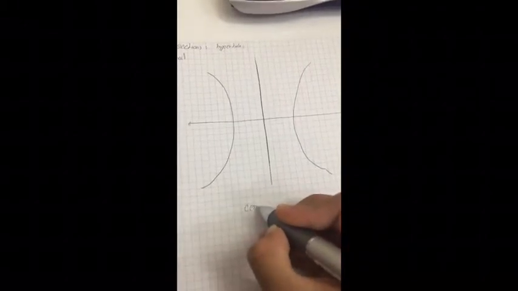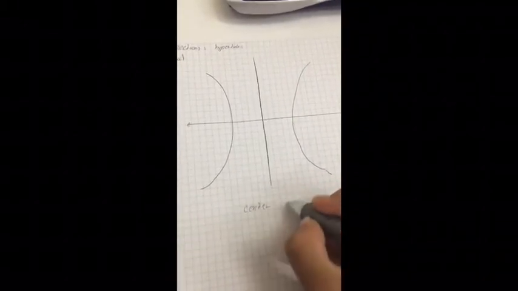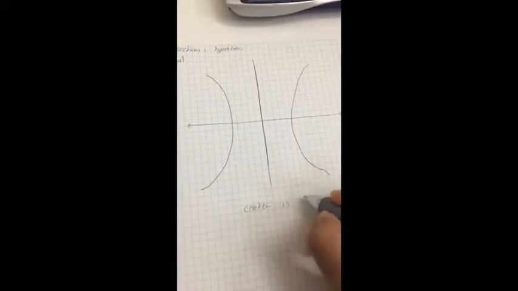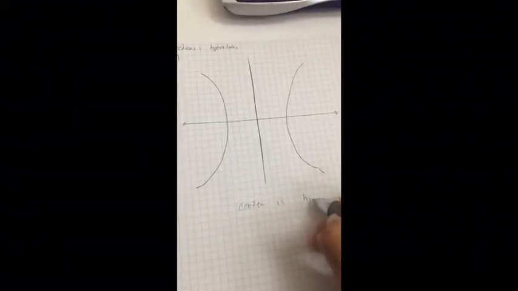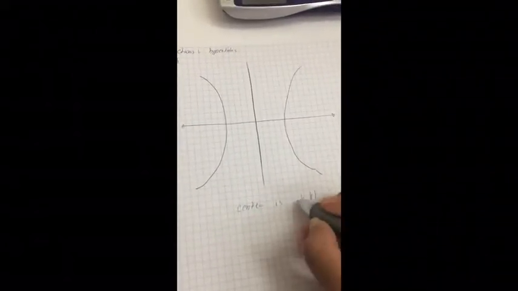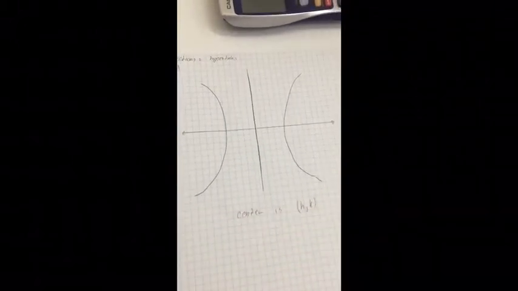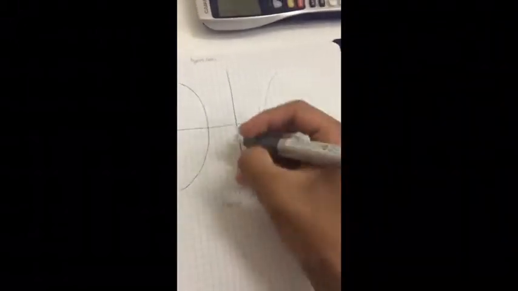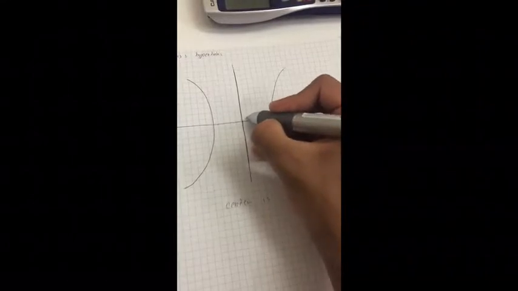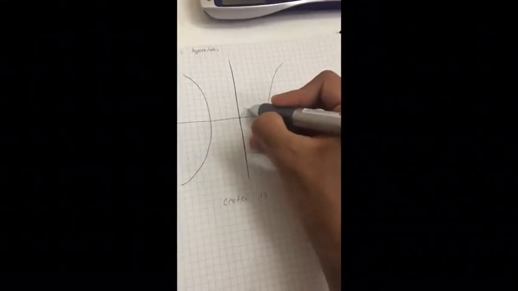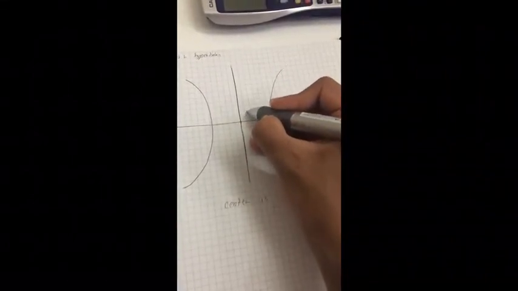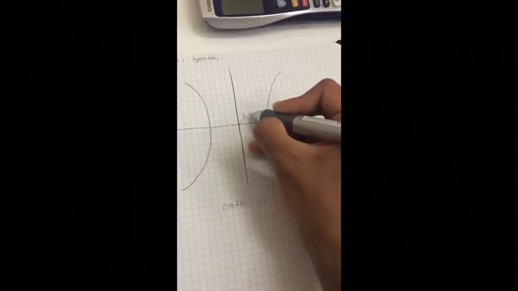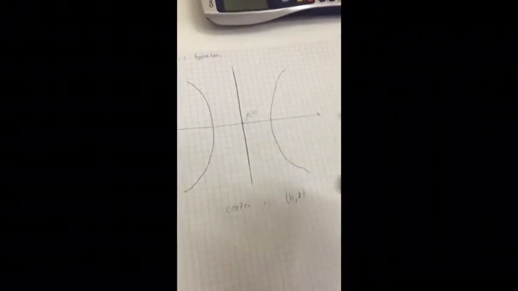So the center is h, k. Here in the hyperbola, this is the center, which is 0, 0. 0 is the h and the 0 is the k.